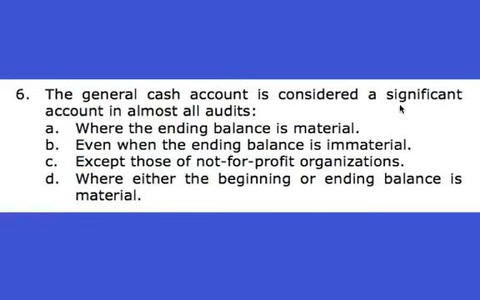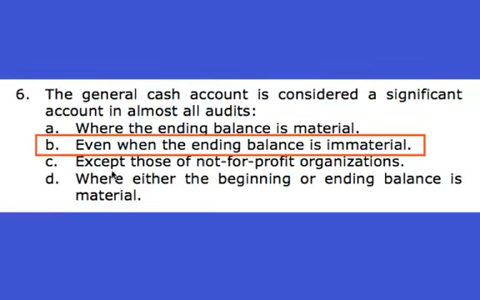Number 6. The general cash account is considered a significant account in almost all audits, and that is the letter B, bravo, even when the ending balance is immaterial. Why? As discussed previously doon sa ating FAR topic sa cash and cash equivalents, halos lahat ng transactions will enter the general cash account.